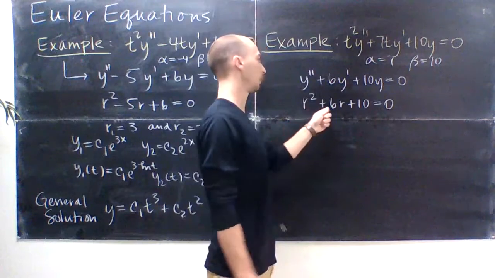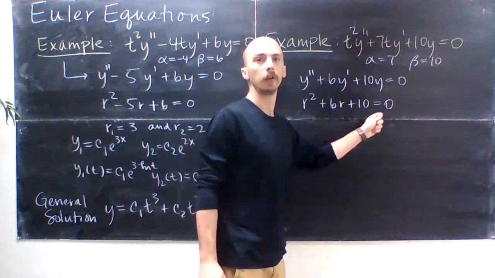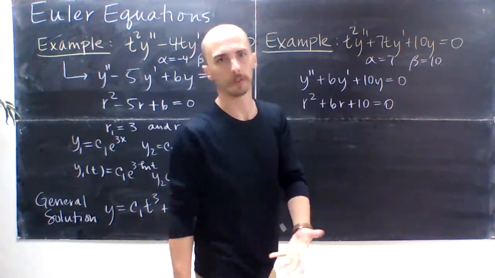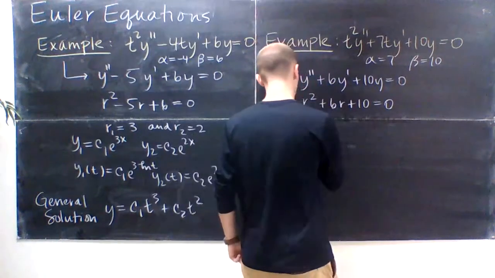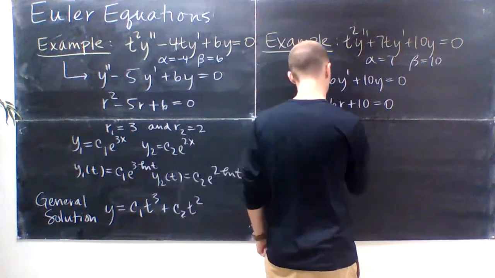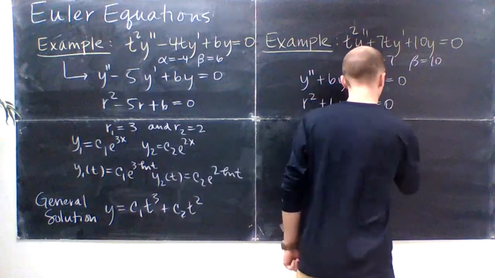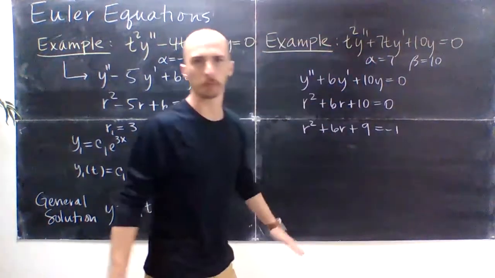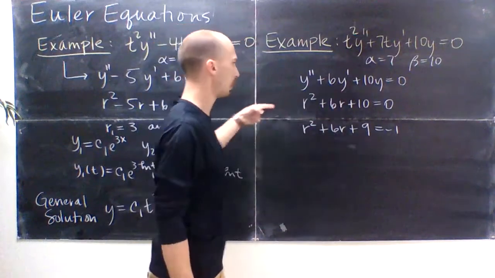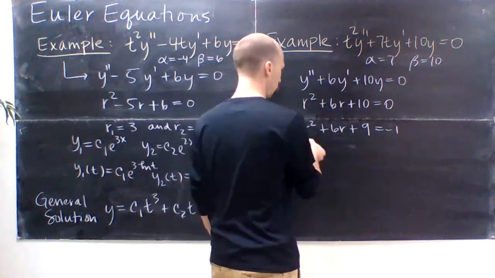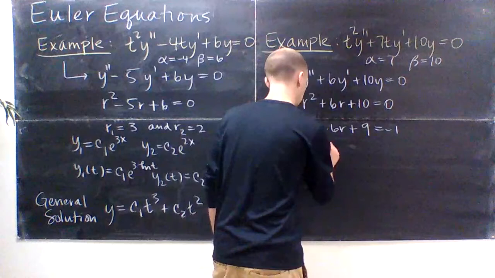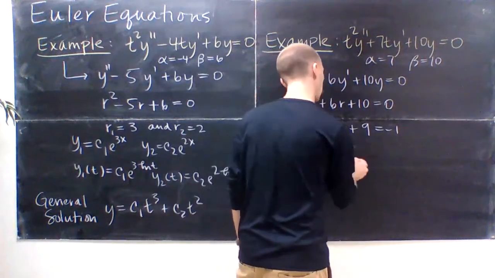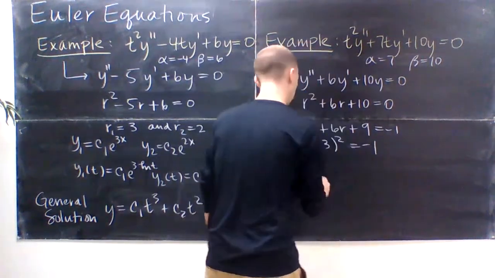That would be r squared plus 6r plus 9. So I need to subtract 1 from both sides of this equation. So r squared plus 6r plus 9 equals negative 1. So that's r plus 3 squared equals negative 1.